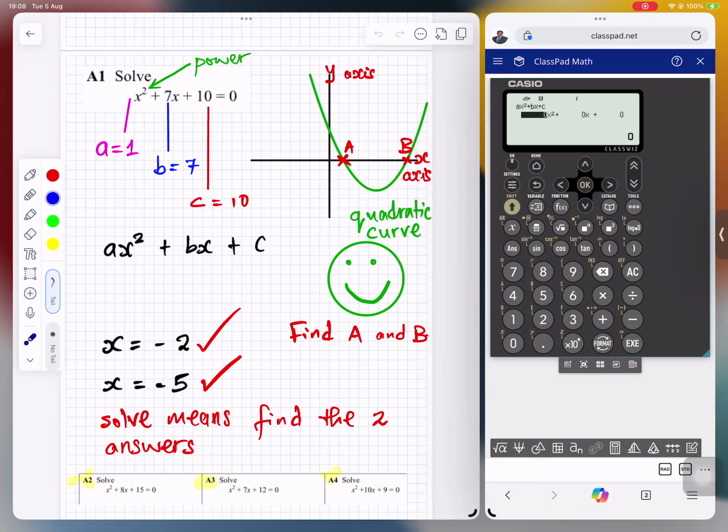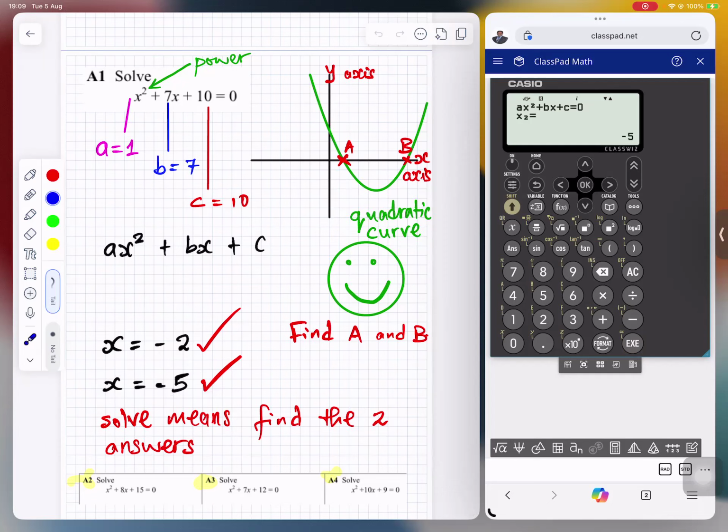The number in front of x squared is 1. Press execute. The number in front of x is 7. Press 7, press execute. And the number without x is plus 10. So I just type 10 and press execute again. It gives you the first answer of -2. You press execute again, it gives the next answer of -5. So that's how you do it with a calculator.